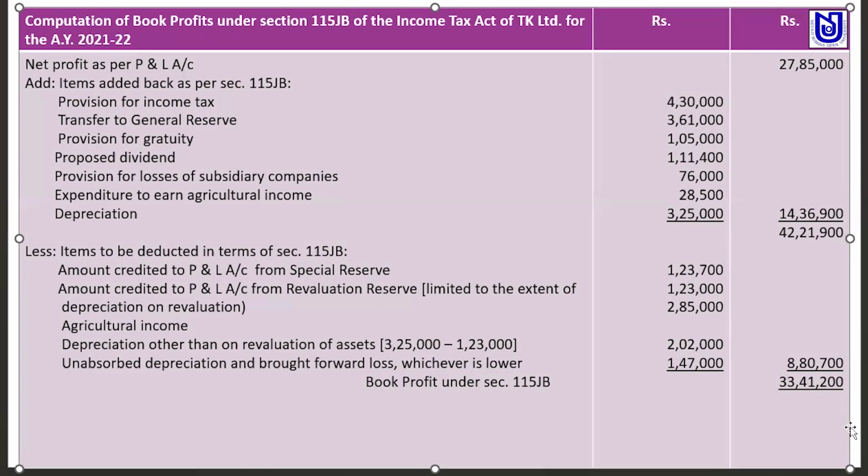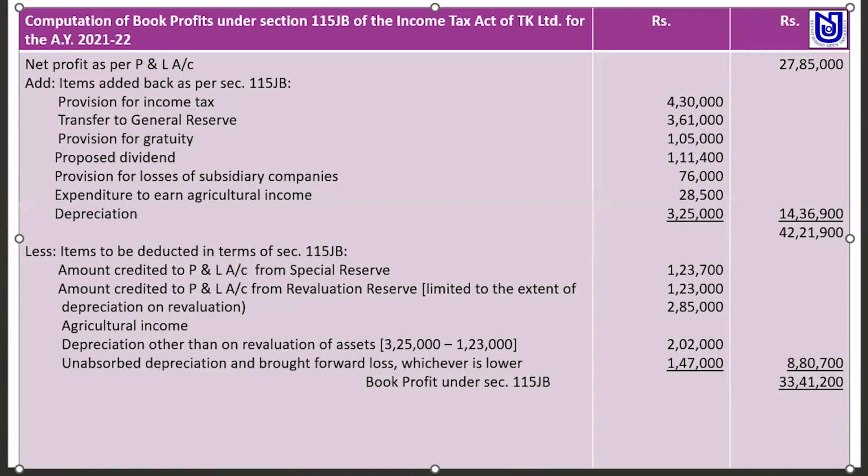Now we have to compute whether MAT liability is applicable in the case of TK Limited or not. For that purpose, we have to compute tax on taxable income under the normal provision of the income tax, that is on 27,85,000, and tax on book profit as per MAT provision, that is 33,41,200. We will then decide what to do.